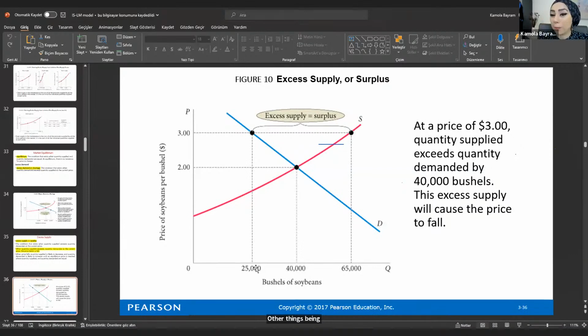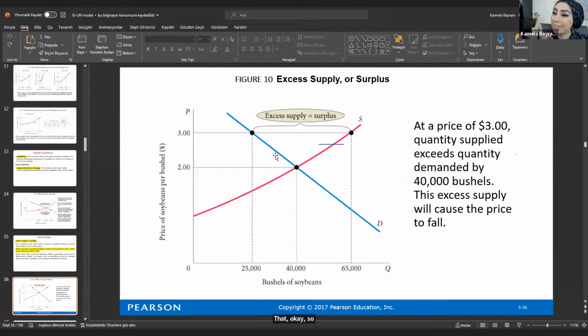So what suppliers have to do, they will reduce the price, reduce the price, reduce the price until they come to the equilibrium point where, again, same 40,000 bushels for 2 USD per bushel, where the consumer is happy to buy 40,000 bushels and the supplier is happy to sell 40,000 bushels for the price of 2 USD. That's it.